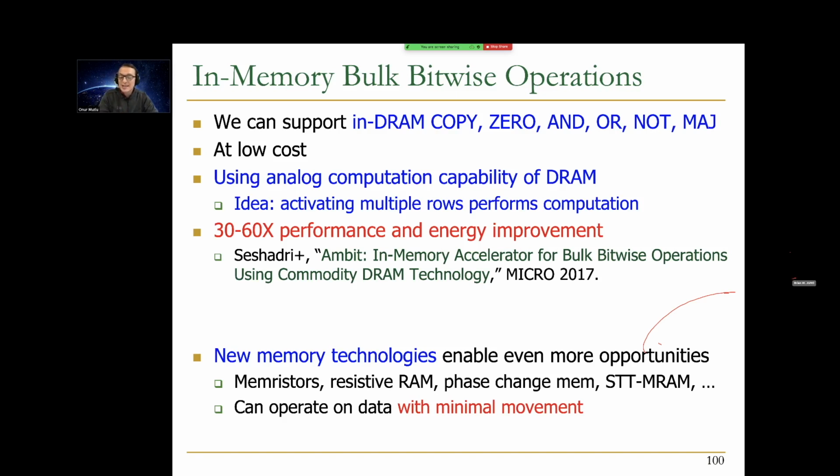In DRAM, you need to move the data a little bit somewhere. And these memory technologies are also able to do analog matrix vector multiplications because of the way the crossbar memories are designed. So they're actually even more, how should I say, even more capable than DRAM for doing computation.